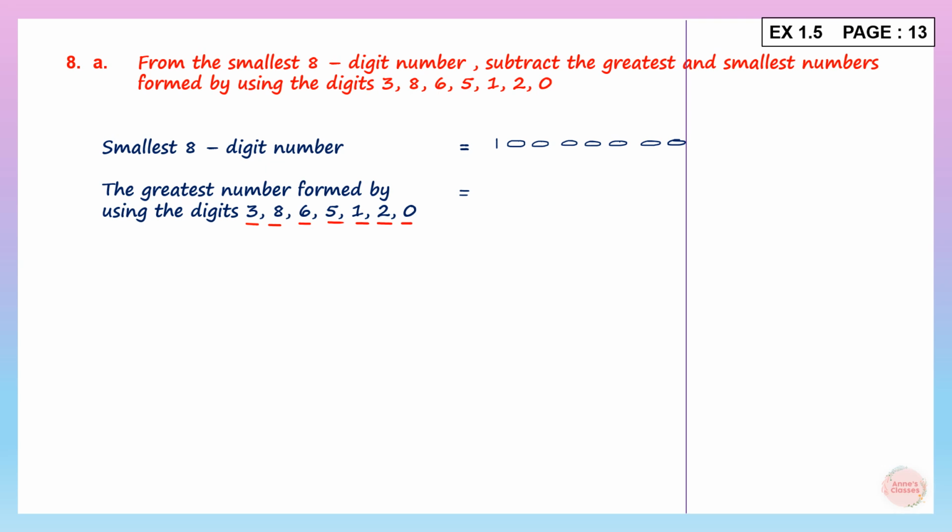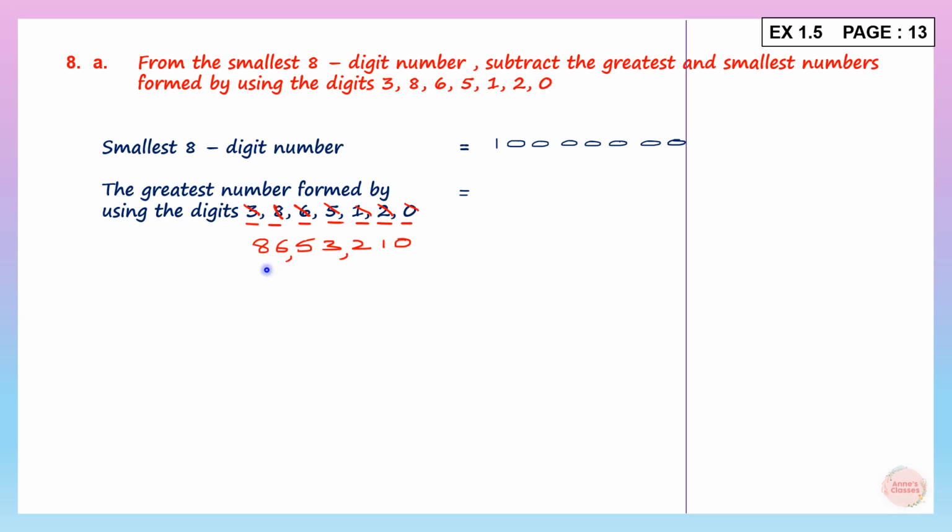So take the greatest digit, that means from big to small, 8. So here we have 8 first, then let's take 6, then 5, then 3, then 2, then 1, and then 0. So we have the greatest number here.